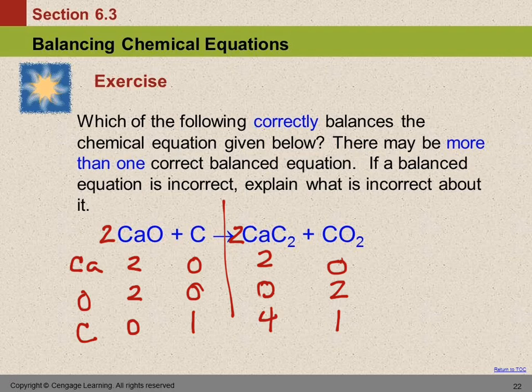I've got 4 on the right side and only 1 on the left. If I put a 4 in here, then I'll get 4 carbons, right? Isn't there 5? 5 what? There's 5 carbons. Oh, you're right. Thank you. I can't add today.